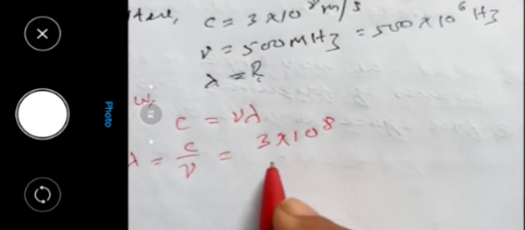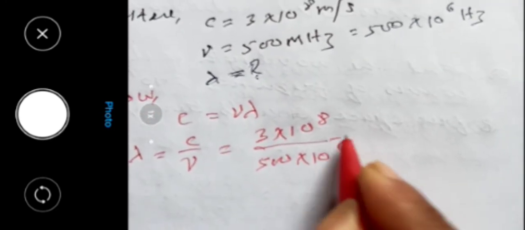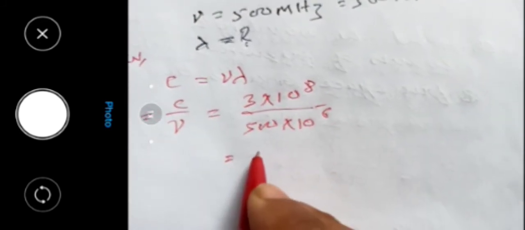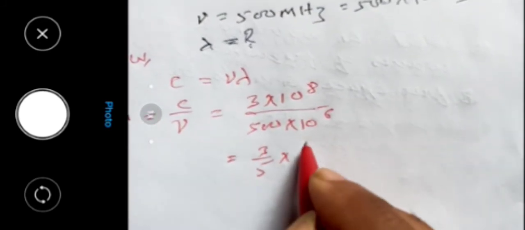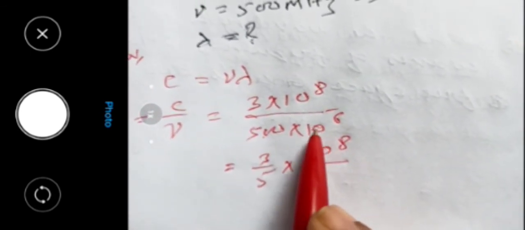Now we have the formula C equal to nu lambda, and we have to find the wavelength. Lambda equals C by nu, C is 3 into 10 to the power 8, and frequency is 500 into 10 to the power 6. Then this is 3 by 5 into 10 to the power 8, because 500 has 2 zeros and another 6 zeros, that means 10 to the power 8.